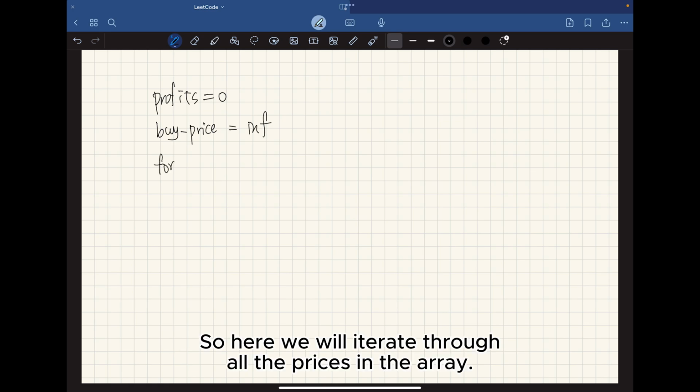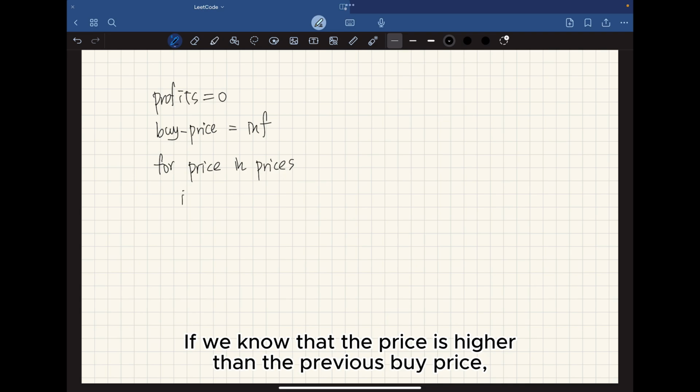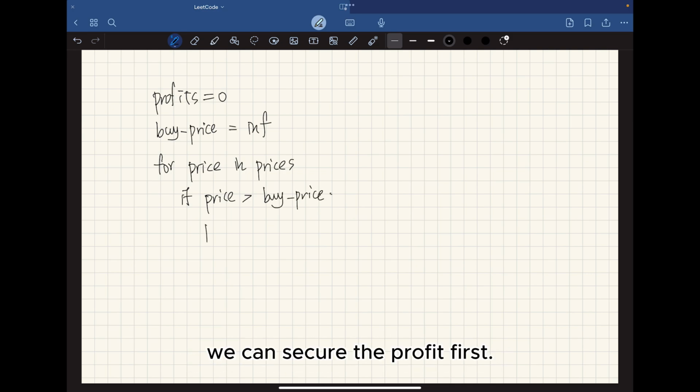So here we will iterate through all the prices in the array. If we know that the price is higher than the previous buy price, no matter where it's from, like from one of the previous days, we can secure the profit first.